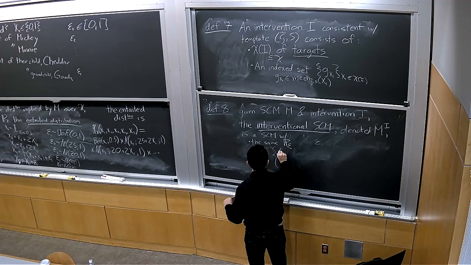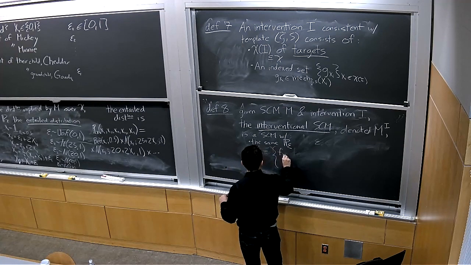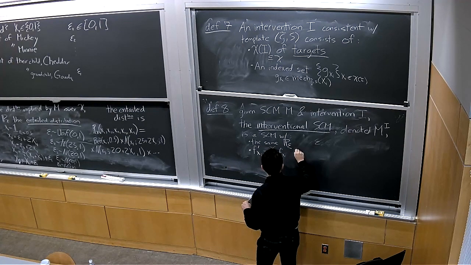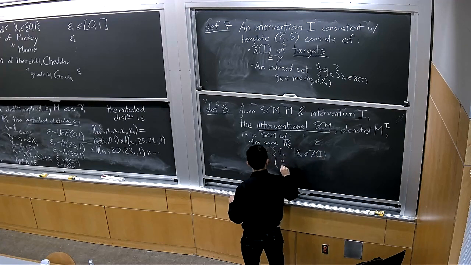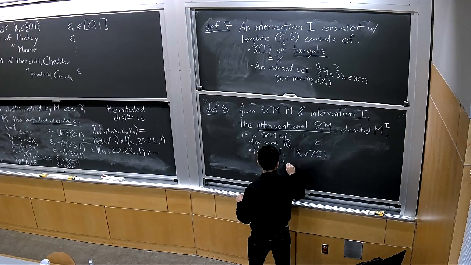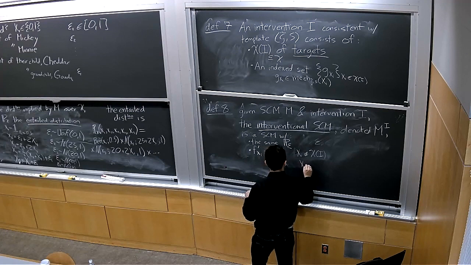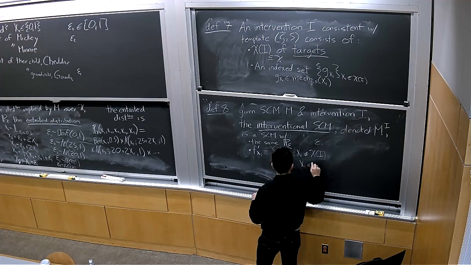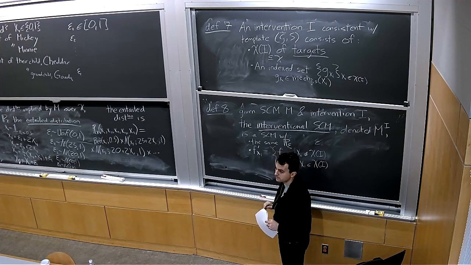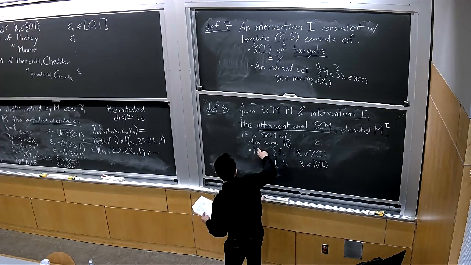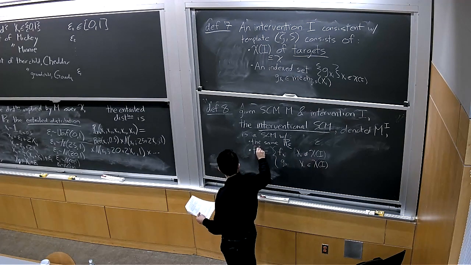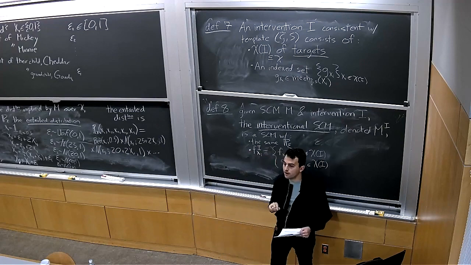If I didn't intervene on the variable, then I get my original causal mechanism. But if I did intervene on the variable, I get the one from the intervention instead. Maybe to be consistent, I'll just denote this also by F_i of X_i.